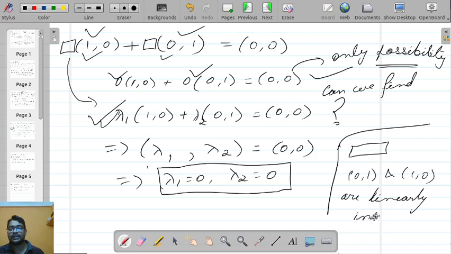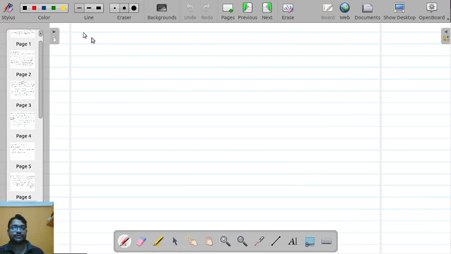We cannot find a linear combination of them which evaluates to 0 with at least one scalar being non-zero. If all the scalars are 0, obviously the linear combination is 0, but the important thing is whether we can find scalars with at least one non-zero such that their linear combination becomes 0.